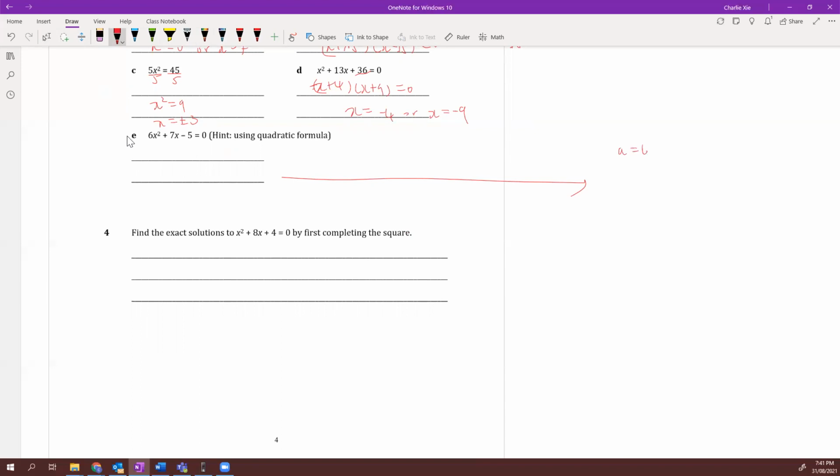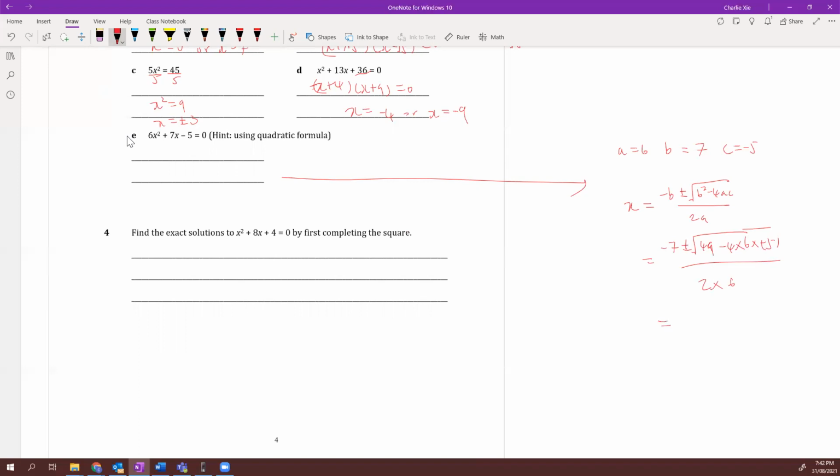So a equals 6, b equals 7, c equals negative 5. All right, so x equals negative b plus or minus the square root of b squared minus 4ac, over 2a. So negative b is negative 7, plus or minus the square root of 7 squared, 49, minus 4 times a, which is 6, times c, negative 5, over 2 times a.